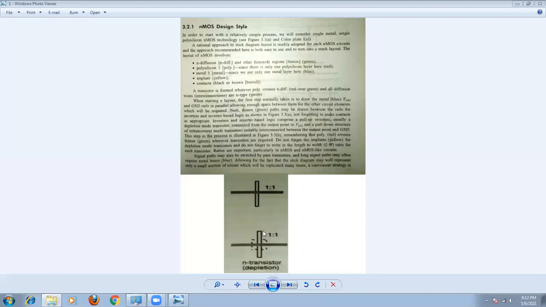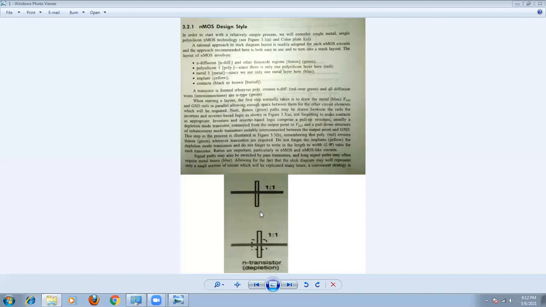Similarly, take a green color and draw a vertical line or horizontal line, as you like, exactly perpendicular. Remember, the polysilicon must be perpendicular to the diffusion layer. It may be N diffusion, or it may be P diffusion.